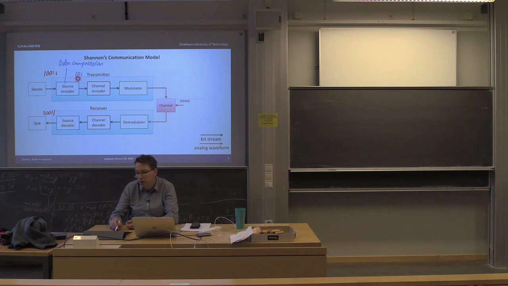These bits can then be used to decompress into the red bits. There are compression methods which are lossless, in the sense that if I have the blue bits, I can get back to the red bits. You also use them sometimes when you have a text file which you compress with your zip command or something like that. You can unzip it and you get back exactly the same document, right?